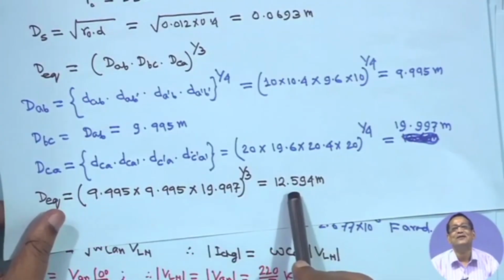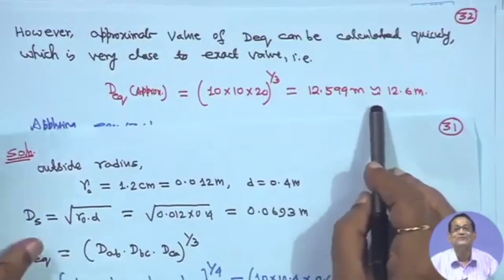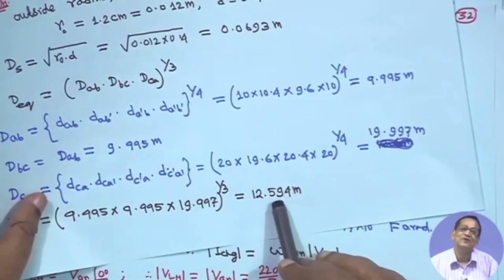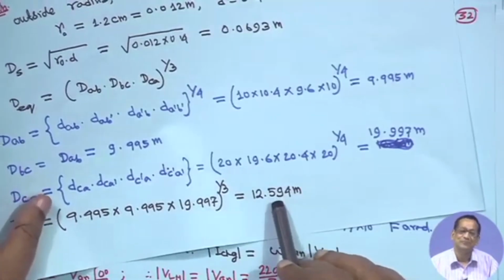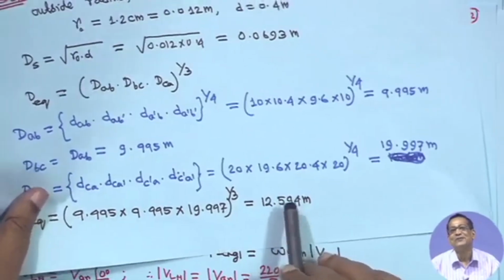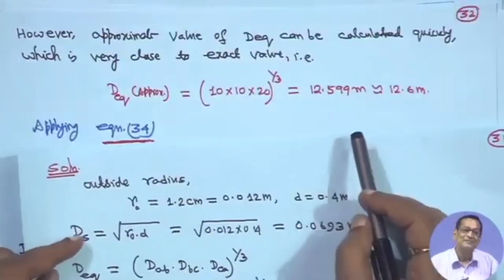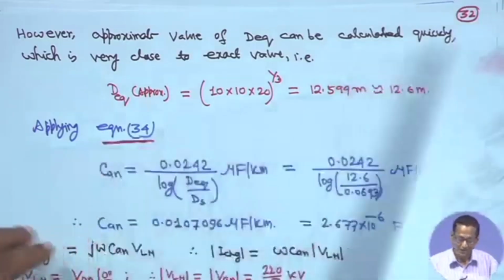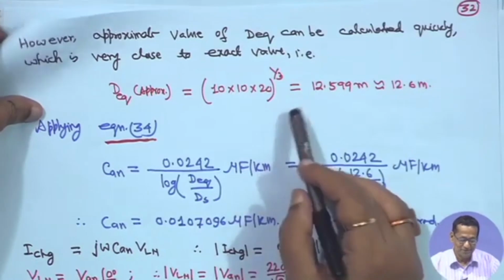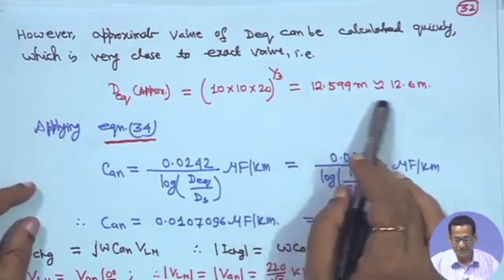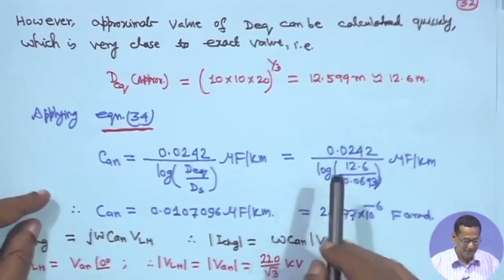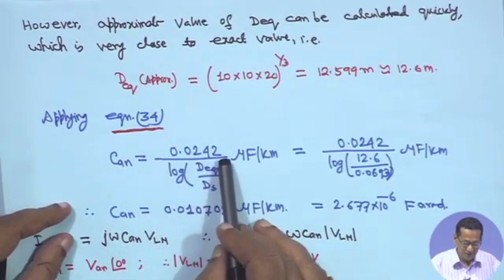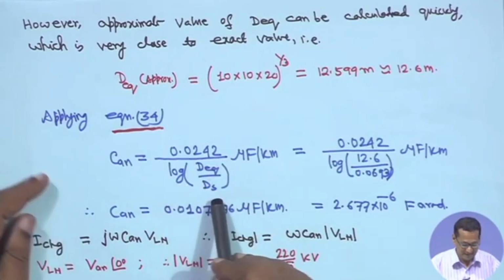So 599 and 594, there is almost no difference. It is approximately 12.6 meter, and this is also approximately 12.6 meter. For classroom or numerical purposes you have to solve this exactly, but for research purposes you can take this one. So there is almost no difference, they are approximately the same. But anyway, if you apply equation 34, CAN will be 0.0242 divided by log DEQ upon DS microfarad per kilometer.